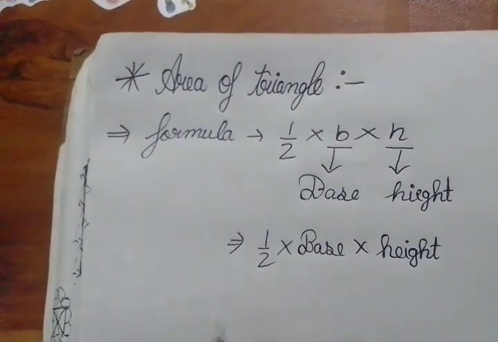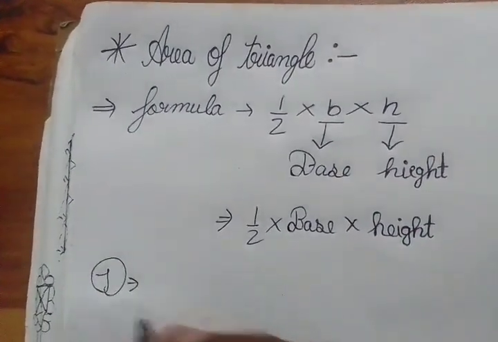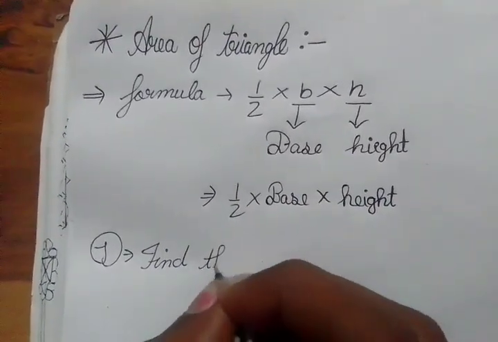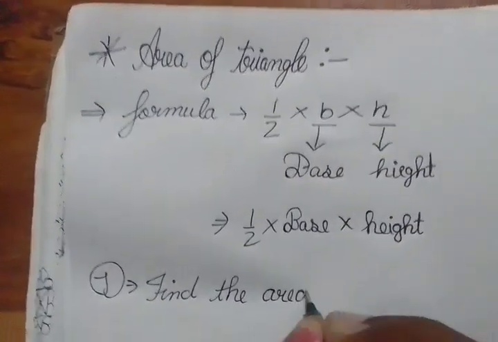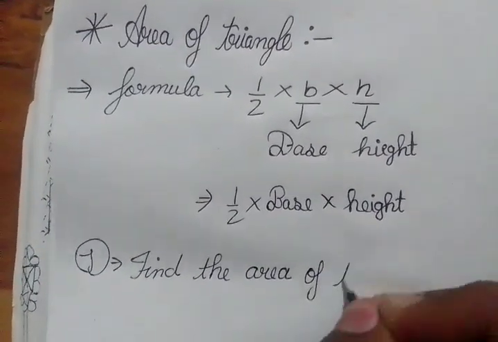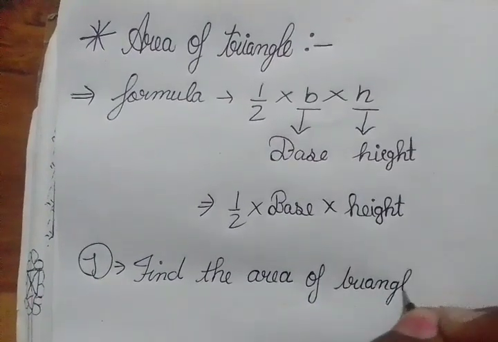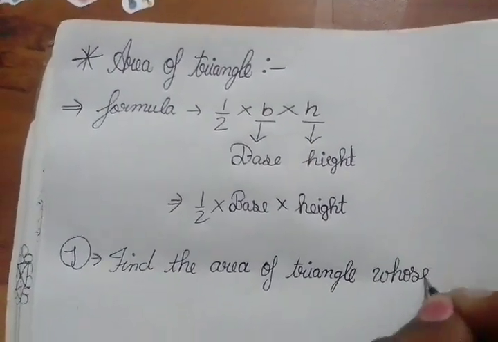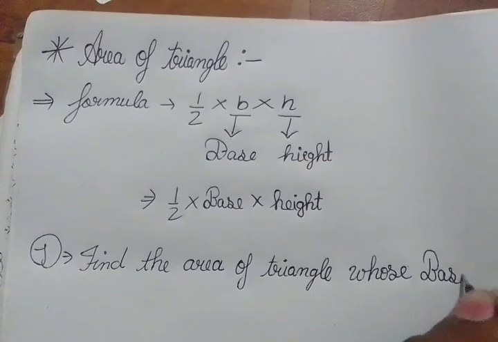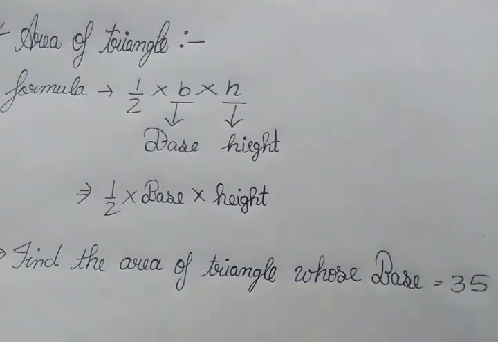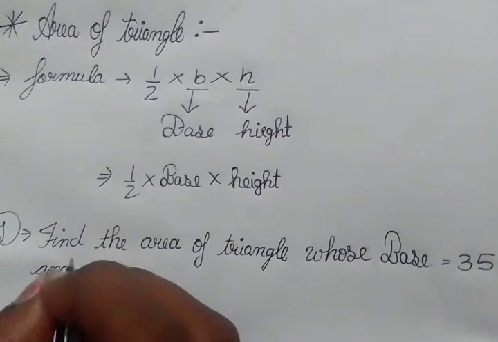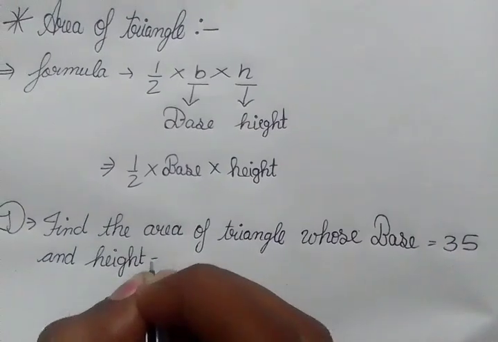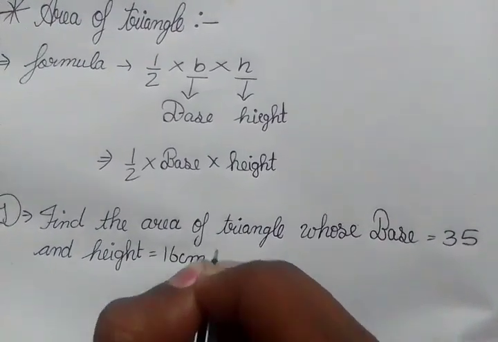Let's solve one question to find out the area of triangle. Find the area of triangle whose base is 35 and height is 16 centimeter.